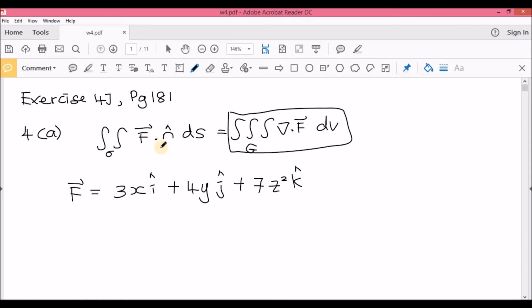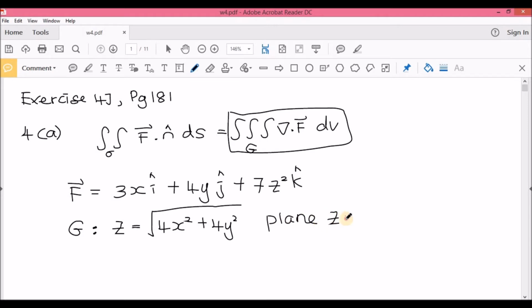Given G is a solid bounded by the surface z equals 4x squared plus 4y squared, and the plane z equals 8. So before you perform this, you have to sketch what this structure is.